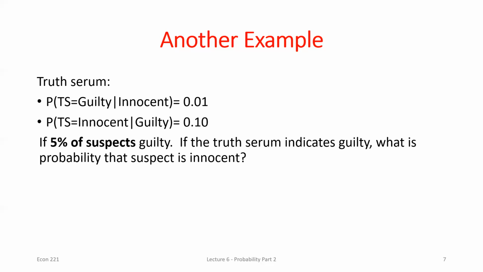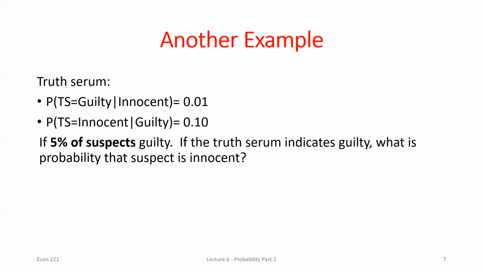Here I'm looking at the guilty branch of the tree. I'm going to condition on that state of nature, that the person actually is guilty. I'm probably going to run out of room here. If I'm conditioning on the same state of nature, I then want to know: what's the probability the truth serum makes them say they're guilty?